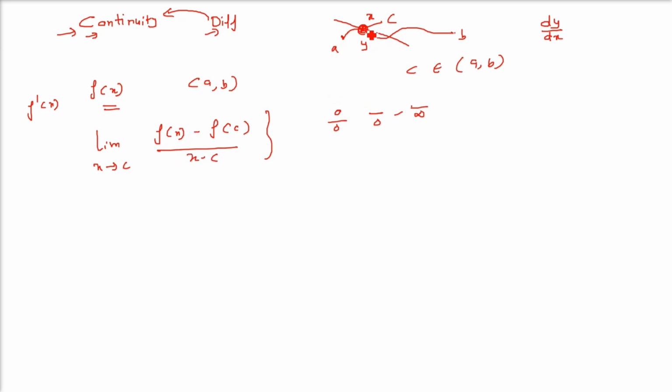So basically we are interested in the tangent. How to find out? In continuity, what did we do? We go back a bit and move forward a bit, that is, we go to the left hand limit and the right hand limit and try to find out whether they both are equal or not.